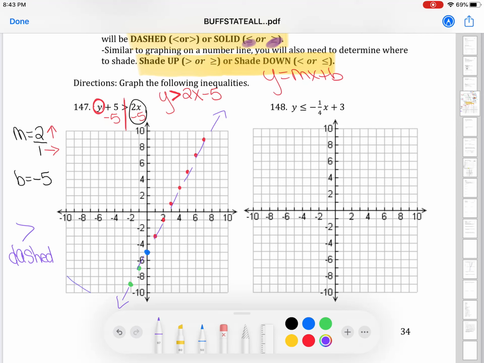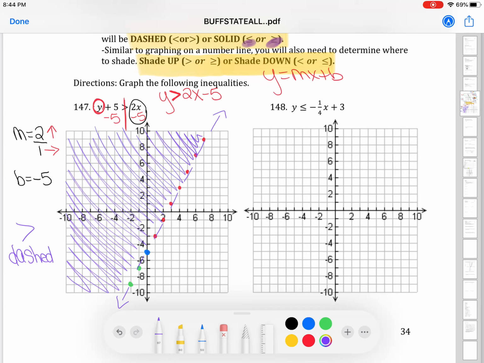So what I mean by shade up is you're going to shade everything that is above this line. So I'm shading every single point above that line, kind of like towards the top of your graph. That helps you to determine what's up and what's down.